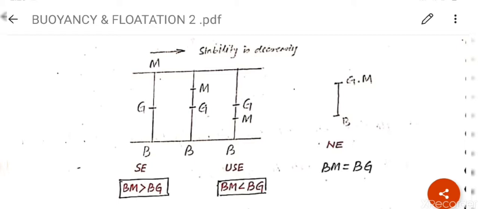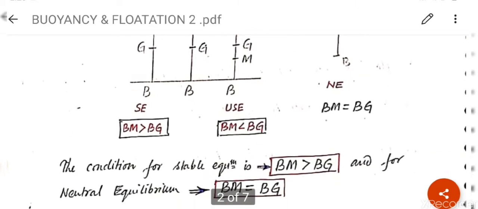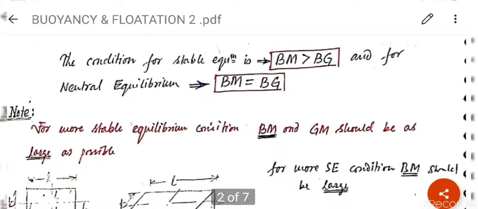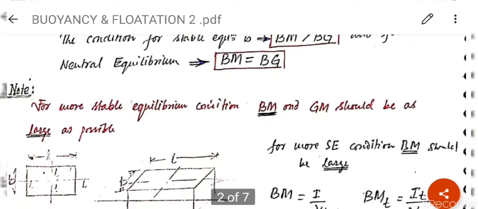For neutral equilibrium, which I have drawn separately, G and M are coinciding, so in this case BM is equal to BG. The condition for a stable equilibrium is BM should be greater than BG, and for neutral equilibrium BM is equal to BG.